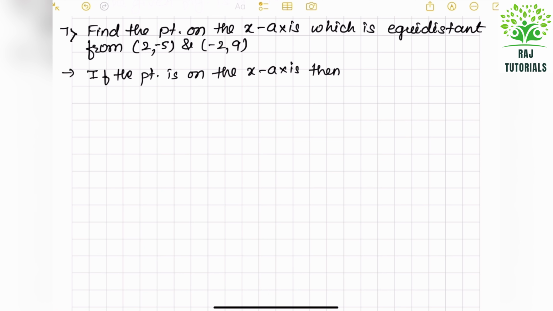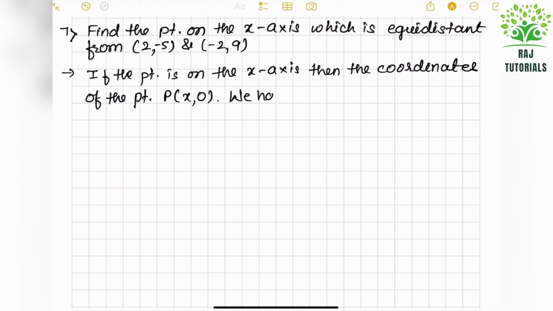Next question says find the point on the x-axis which is equidistant from (2, minus 5) and (minus 2, 9). So if the point is on the x-axis, then the coordinates of the point P will be (x, 0) because y coordinate will be 0.